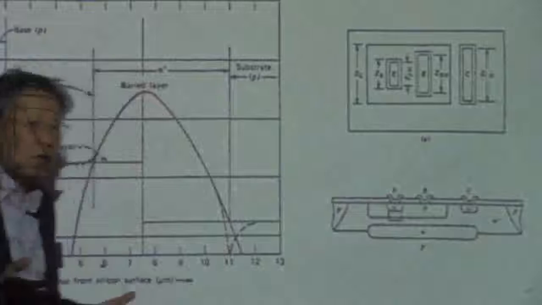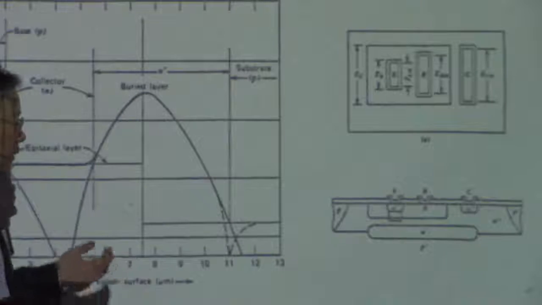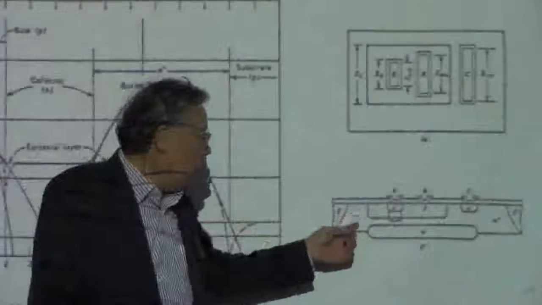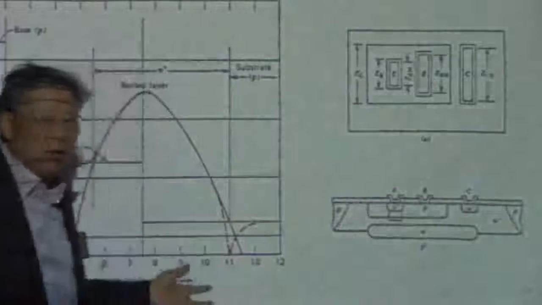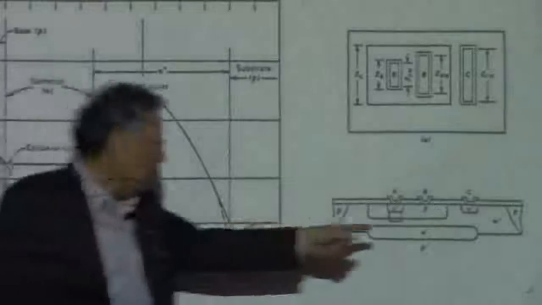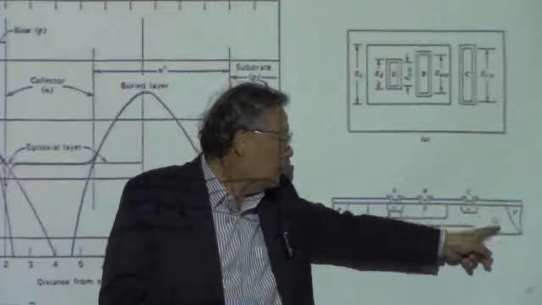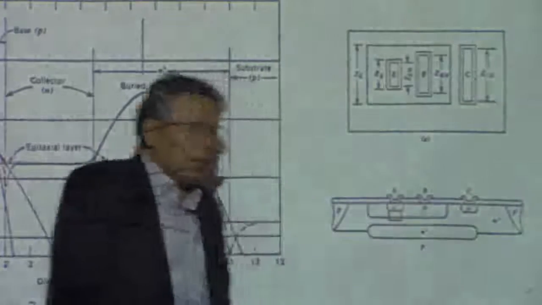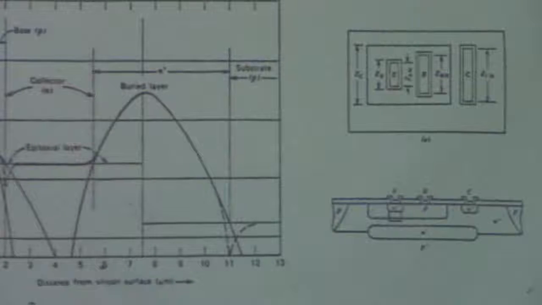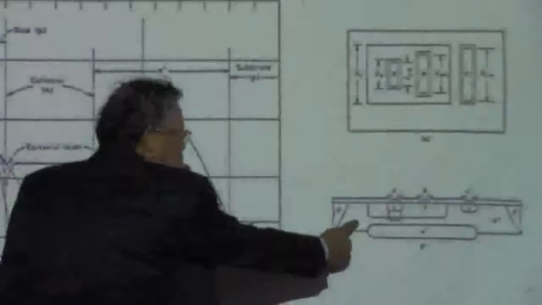And you have to use the phosphorus for that, because you are not going to put a huge amount of dopants. We have to make this thing N minus, not N plus. Okay? So the phosphorus is the best thing for this N minus layer.